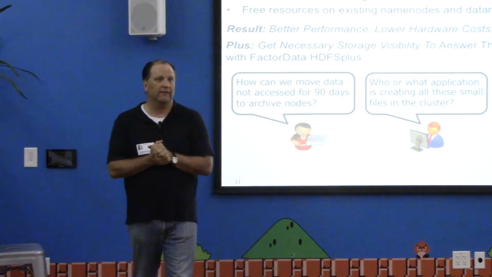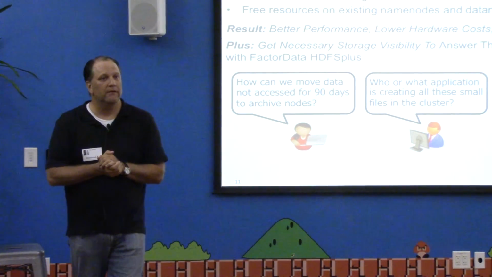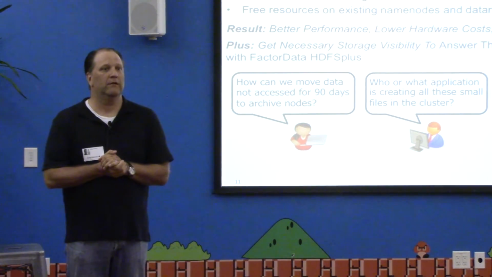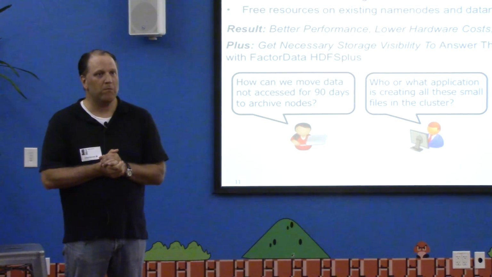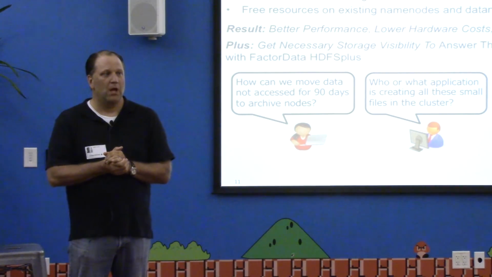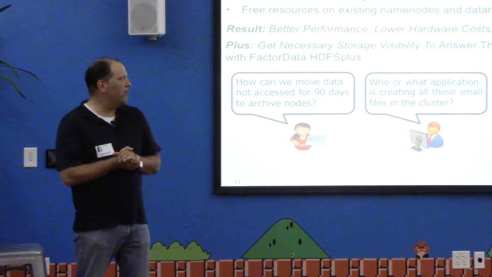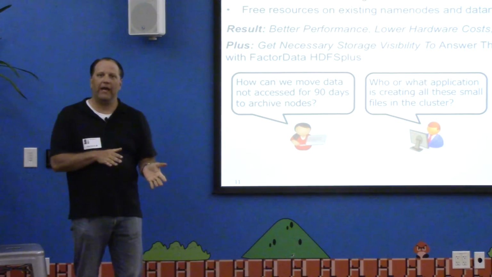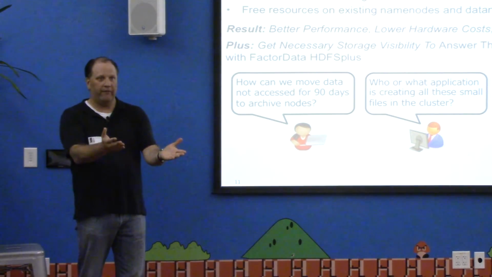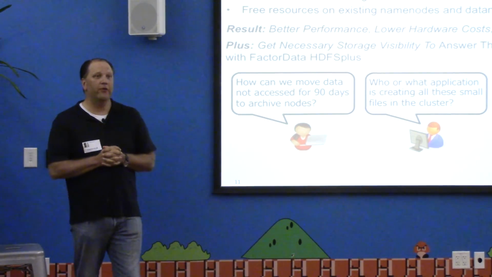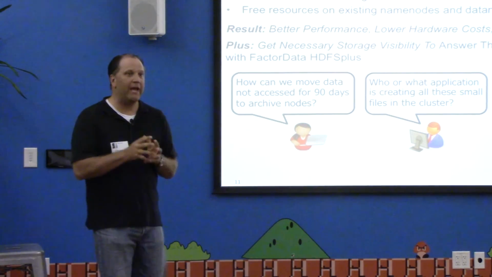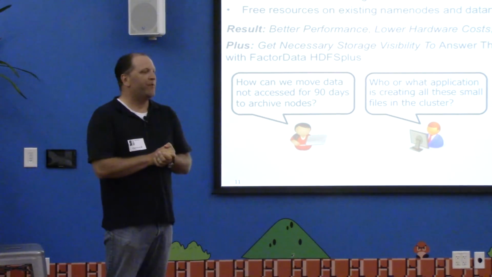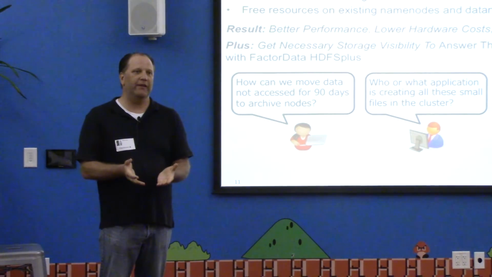Yes? So I'm assuming you're moving files on the back end when somebody has to move it to different storage? Yeah, so the question is, are we moving the files on the back end when we want to move it to archive, say? And the answer is no, and yes. Hadoop has the mechanisms built into it to do that.